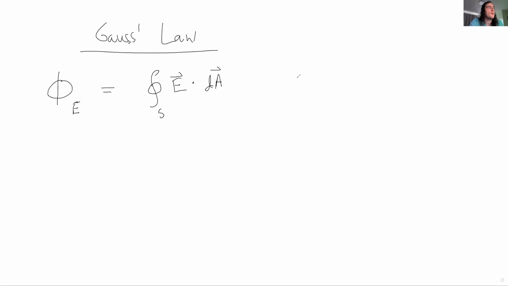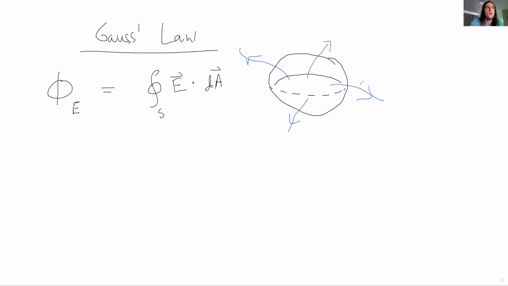And so if we had electric field lines, let's say, which look like this, and they're kind of curvy like so, and then we put a surface here like this, and this surface is kind of spherical, but maybe not so spherical, maybe like a potato-shaped surface.